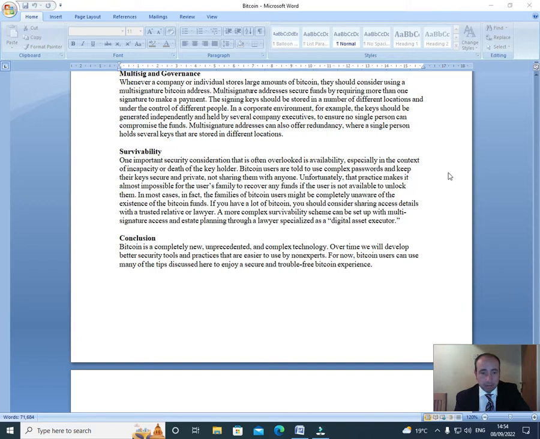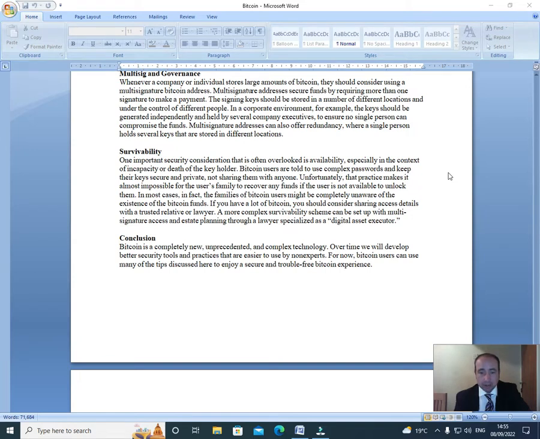In most cases, in fact, the families of Bitcoin users might be completely unaware of the existence of Bitcoin funds. If you have a lot of Bitcoin, you should consider sharing access details with a trusted relative or lawyer. A more complex survivability scheme can be set up with multi-signature access and estate planning through a lawyer specialised as a digital asset executor.